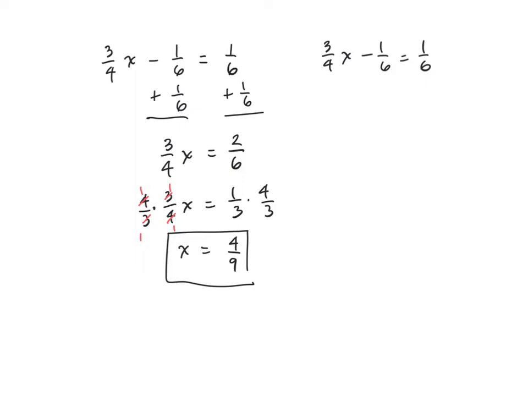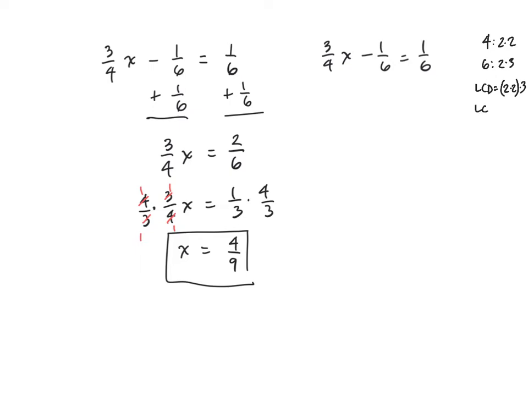But let's just find our least common denominator. So 4 is 2 times 2, 6 is 2 times 3. So our LCD is 2 times 2. I'm going to take the prime factorization of the 4 and compare it to the 6. The 6 has a 2. Do we have a 2? Yes, we do. Do we have a 3? No, we need a 3.